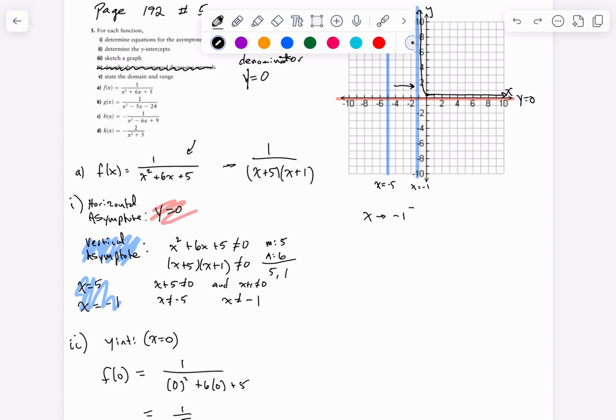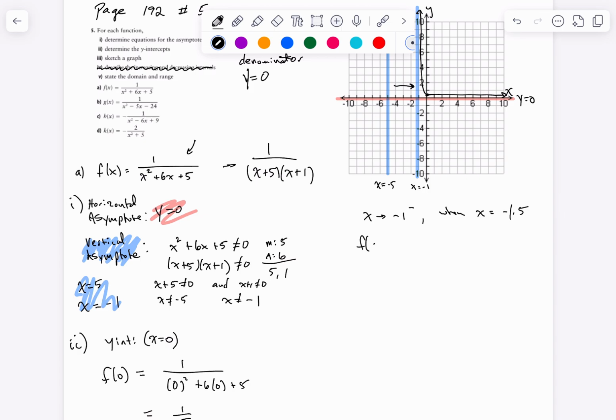So when x is equal to -1.5, or something close to the asymptote, what is the y value? I'm just going to check that.